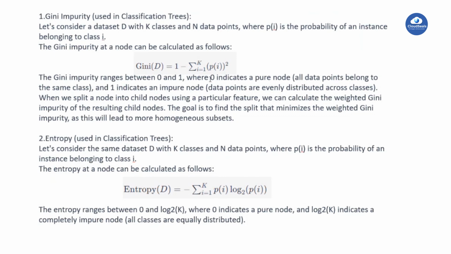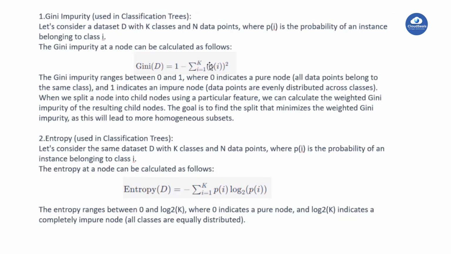Here, 0 indicates a pure node, where all data points belong to the same class. When we calculate the probability for each class based on one feature, say the refund feature, we can calculate the probability of class 1, class 2, and class 3.